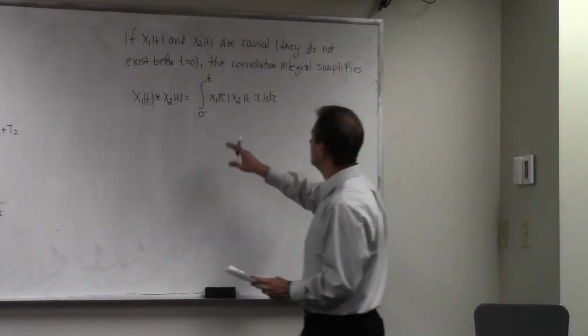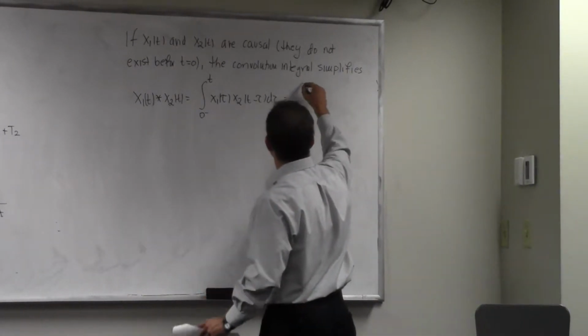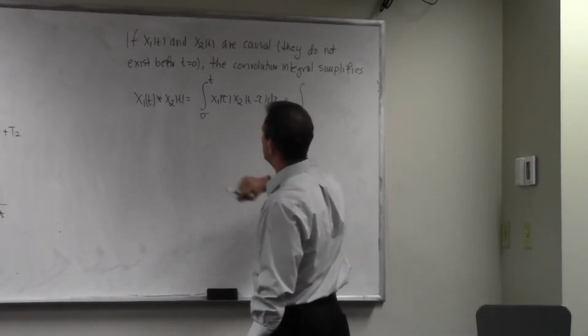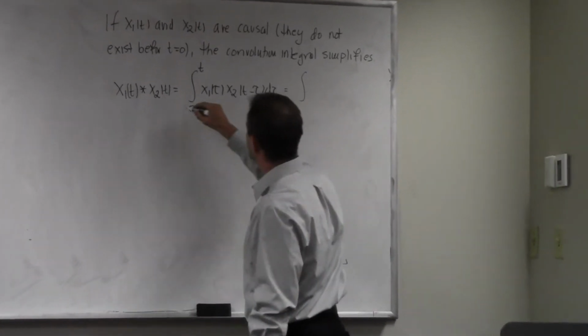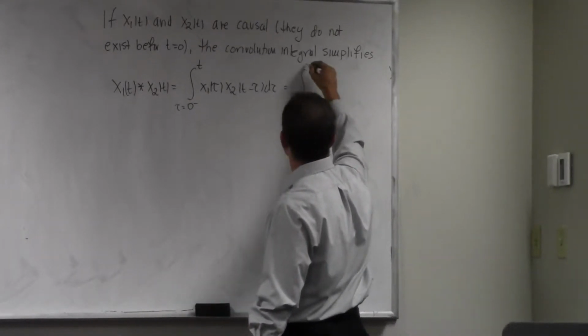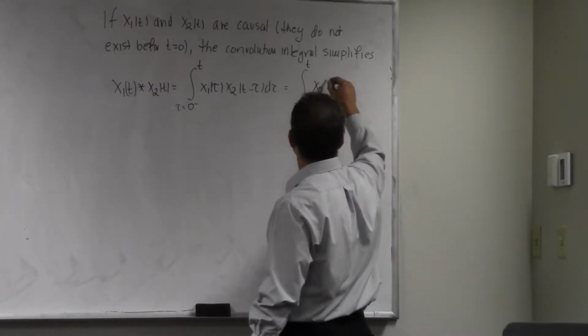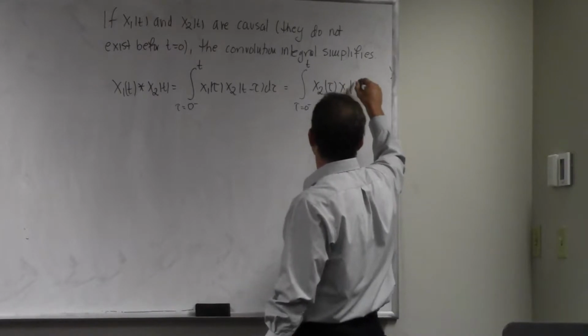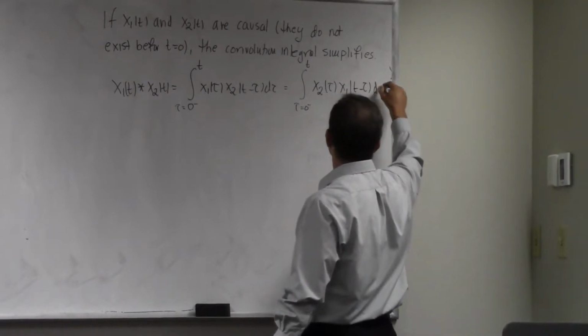Of course, we can rewrite this using the commutative property, so tau goes from 0 minus to t, x2 of tau, x1 of t minus tau d tau.